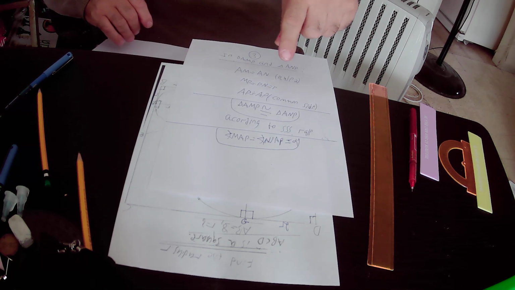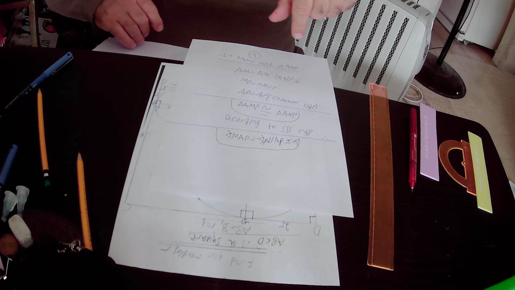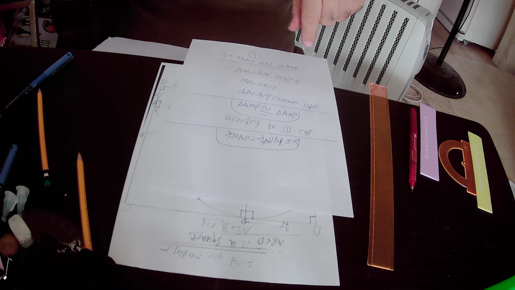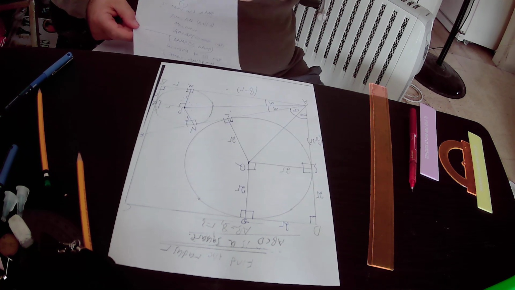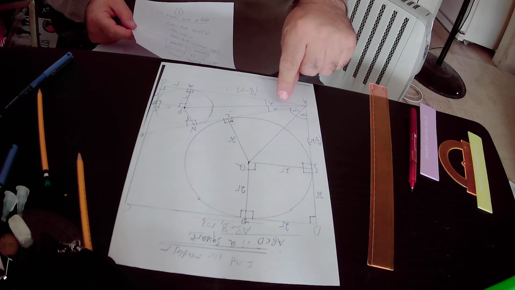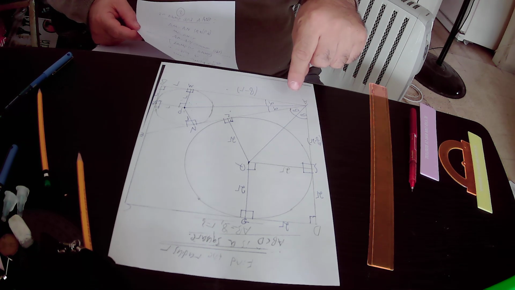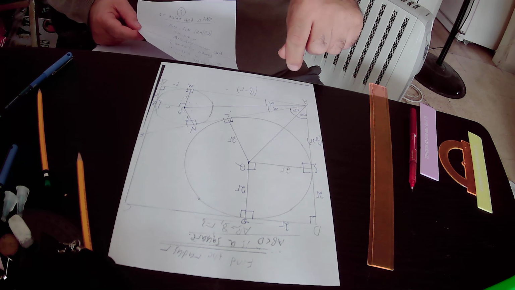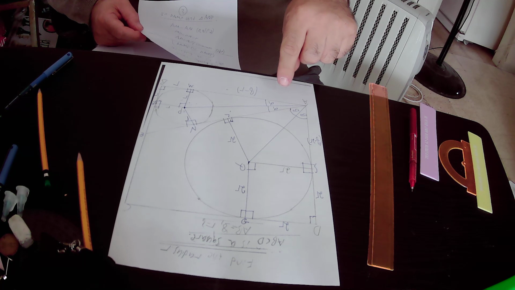So we proved that triangle AMP is congruent to triangle ANP according to the side rule. From the fact that those two triangles can go into each other, we conclude that those two angles are equal according to the rule that corresponding angles in congruent triangles are equal.